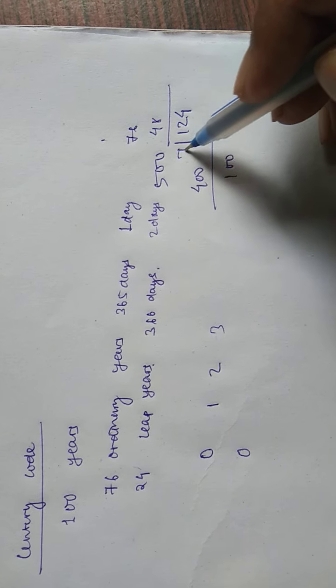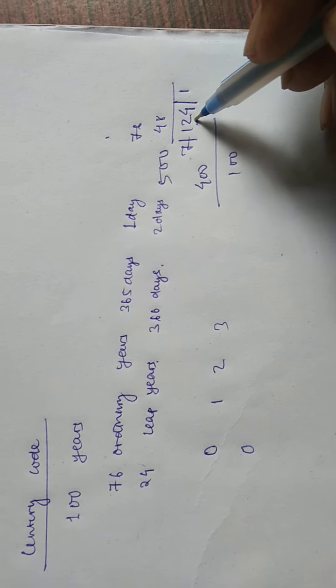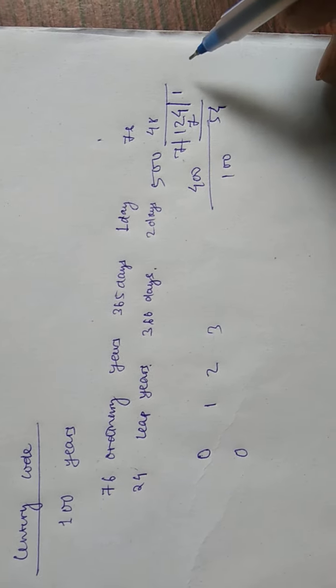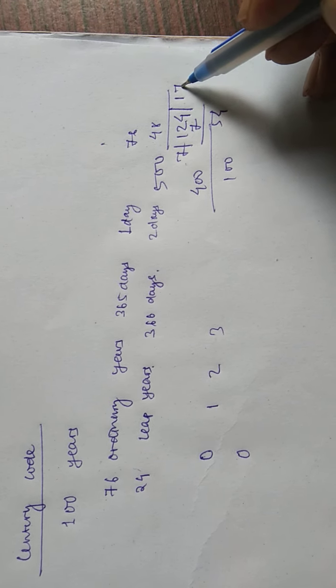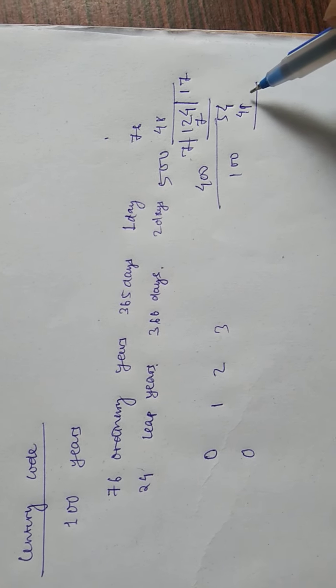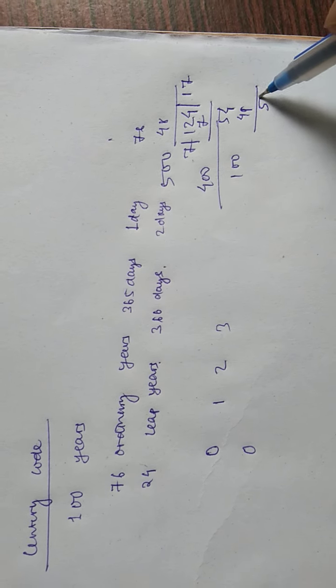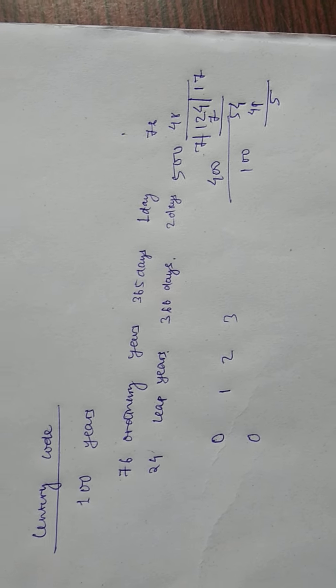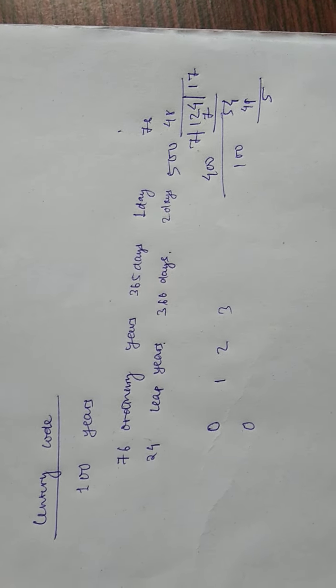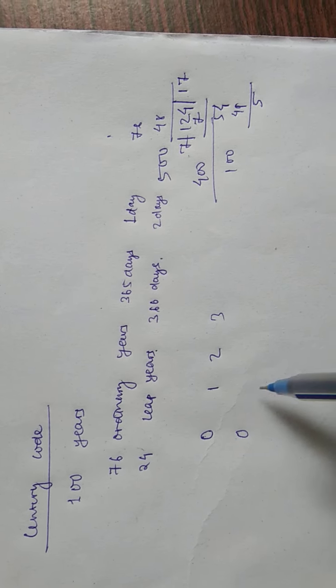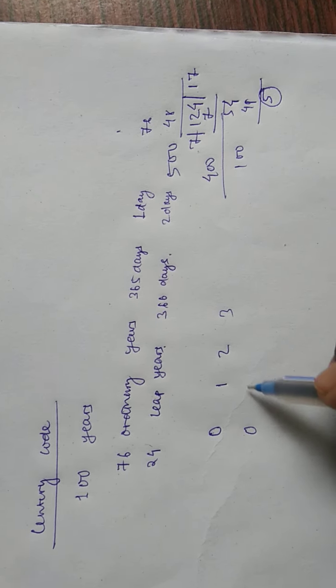On dividing it by 7, we get the remainder 5. When the remainder is 1, we find 5 odd days.